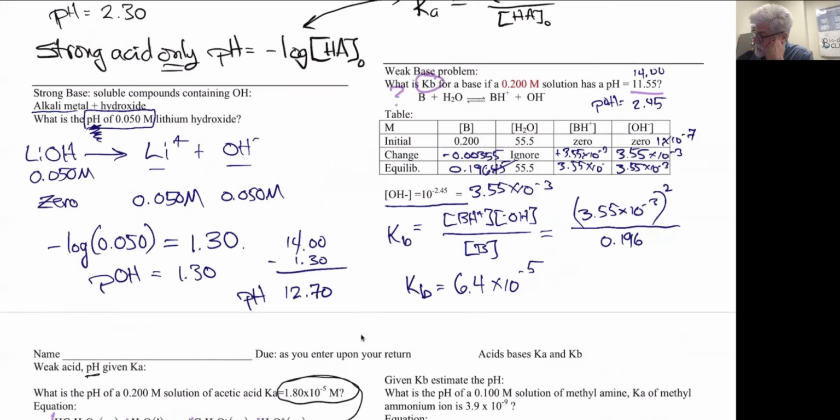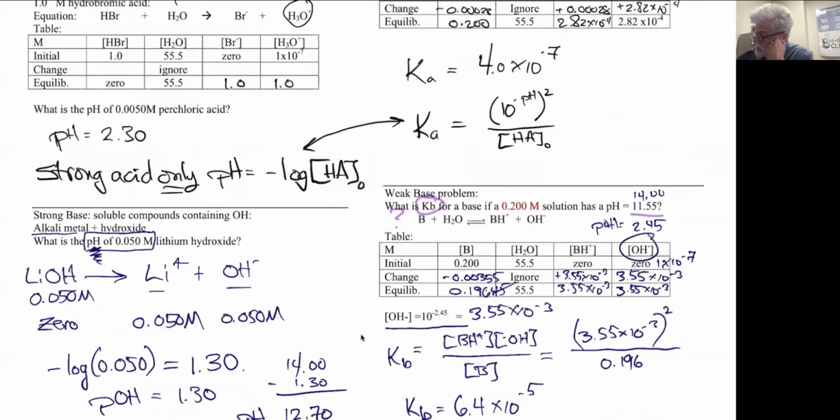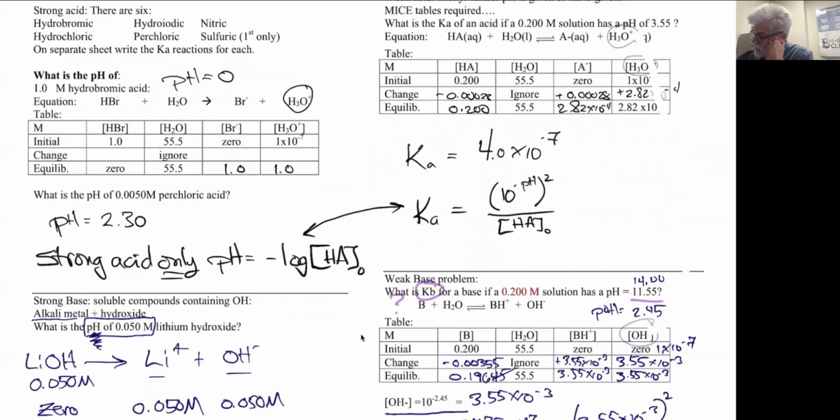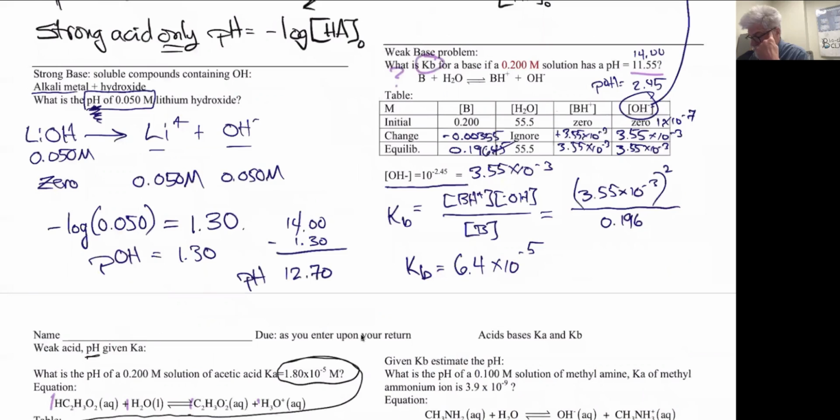We just have to pay attention to the fact that this is not the same. Whoops. This is not quite the same as that. They are related. They are related through this thing called Kw. Their product is 1 times 10 to the minus 14.